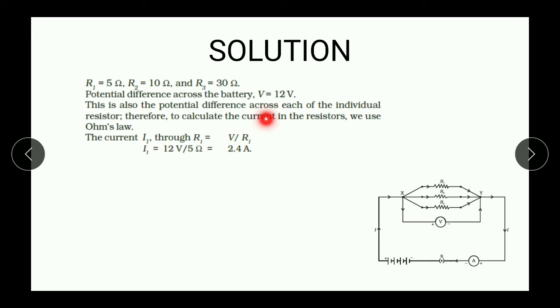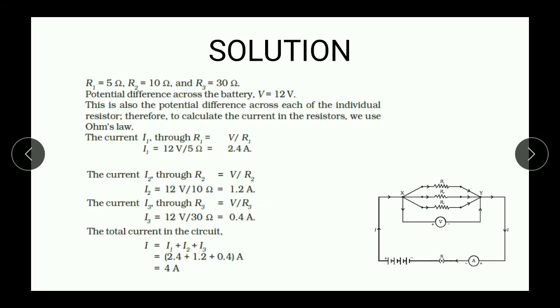I1 is equal to V upon R1. So what is I1? V is given, R1 is given. You have to simply divide 12 volts by 5 ohms. Then you will get current flowing through R1, which is 2.4 amperes. Similarly, you can find other currents also, like I2 will be equal to V upon R2. So 12 volts divided by 10 ohms will be 1.2 ampere.